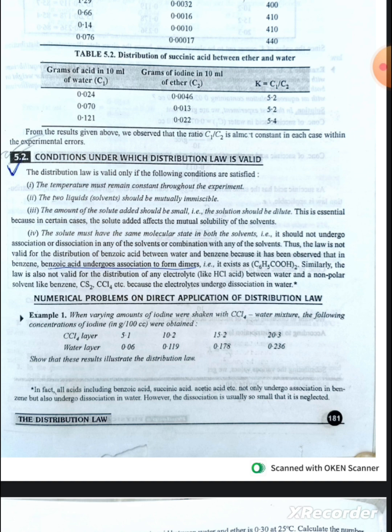Similarly, the law is also not valid for the distribution of any electrolyte between water and a non-polar solvent like benzene, CS2, CCl4, etc. because the electrolyte undergoes dissociation in water.